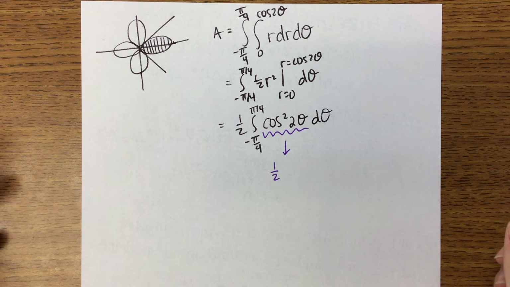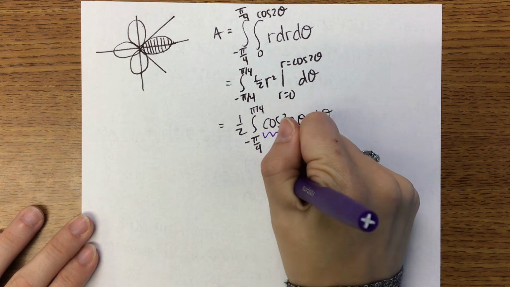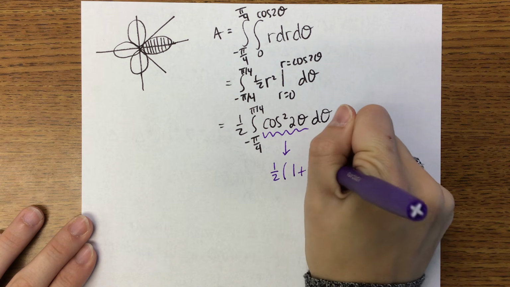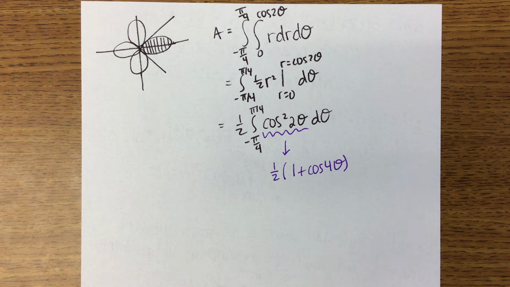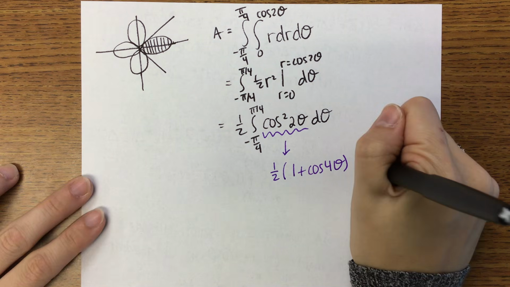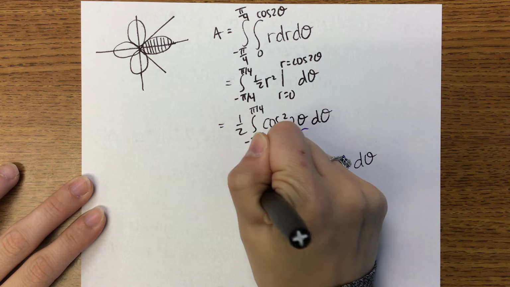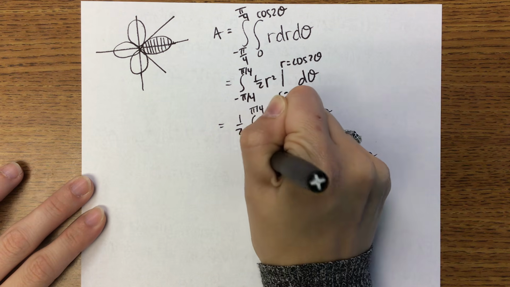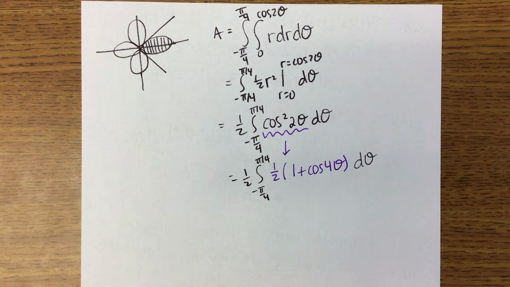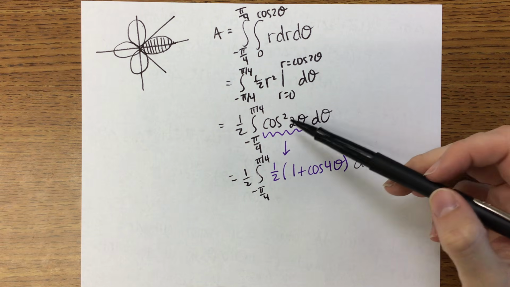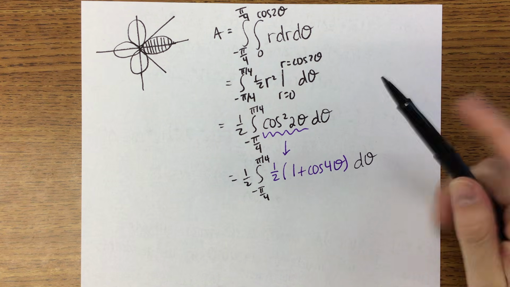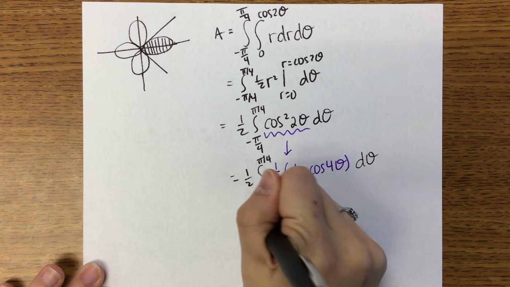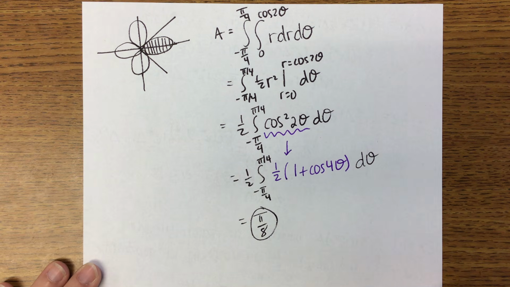Does that help us at all? No. Okay. Good thought, but no. Oh yeah, that one. Okay, there's a similar one for sine squared. If it was sine squared, it would be 1/2 of 1 minus. From there, you're going to integrate. I'm not going to. It ends up being pi over 8.